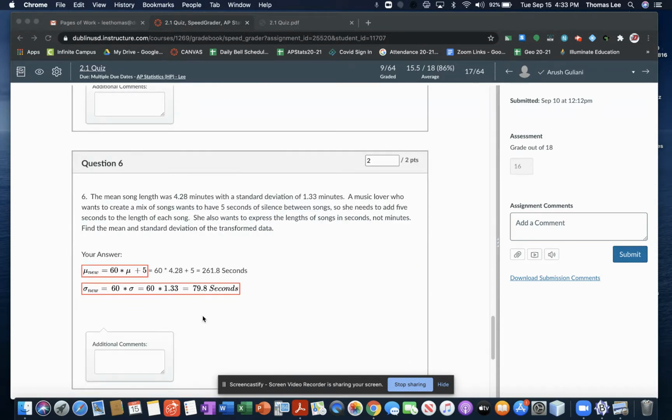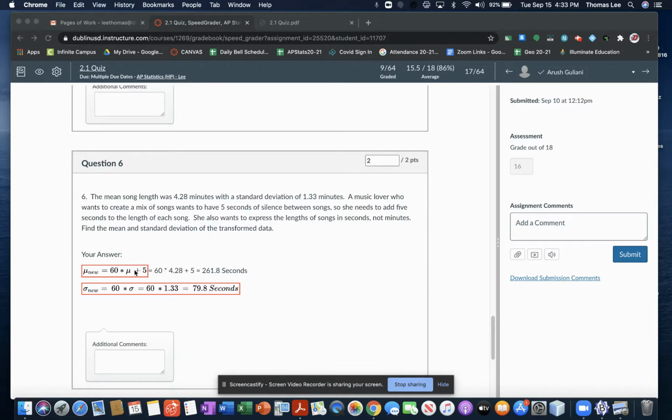For this question, you are not standardizing, you're just doing a linear transformation. So the new mu is you're going to multiply by 60 because that's your unit conversion from minutes to seconds.